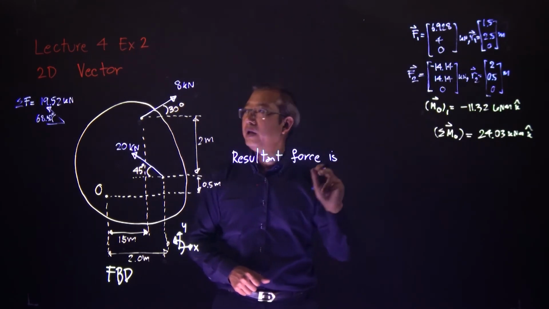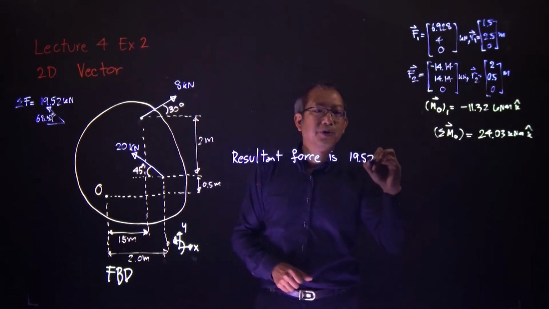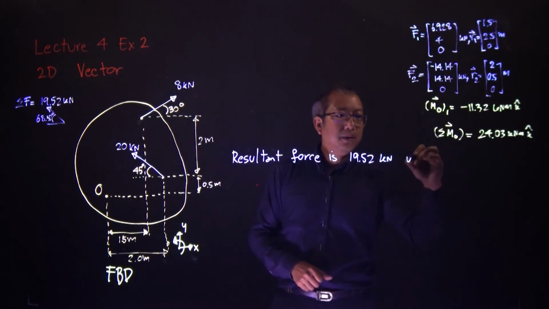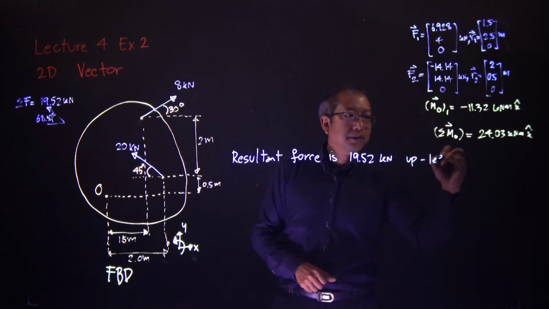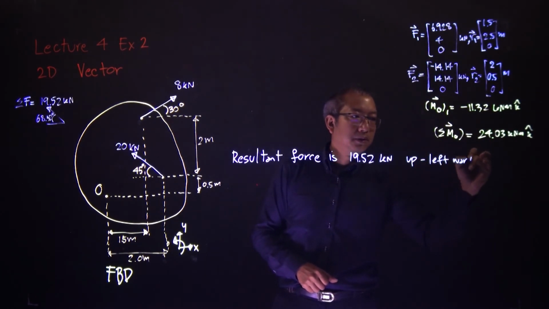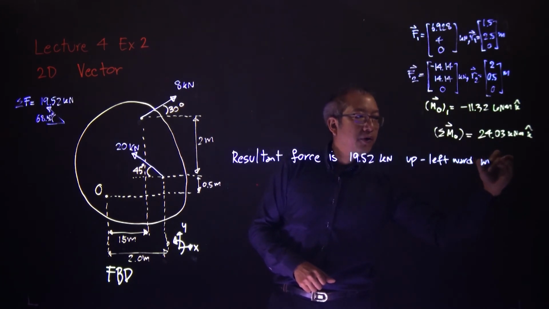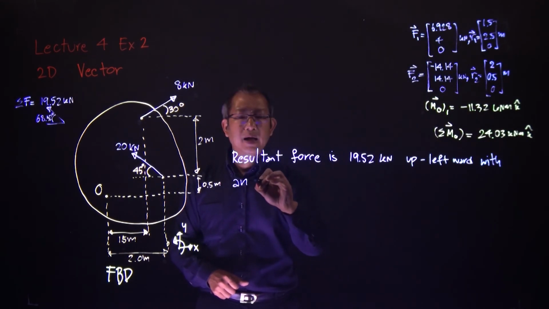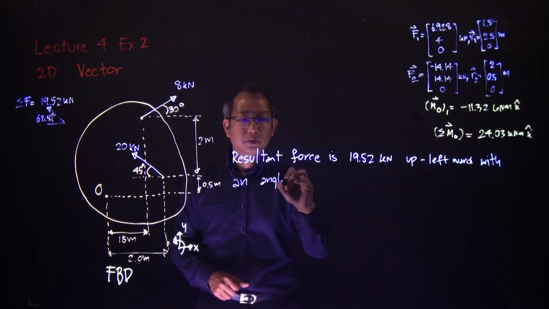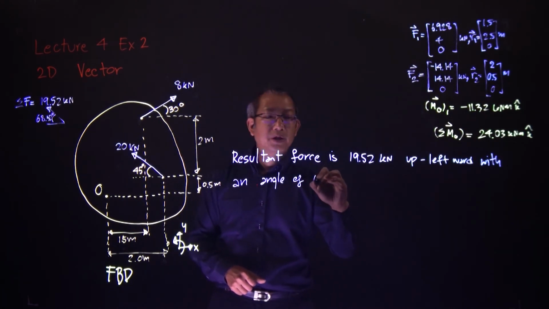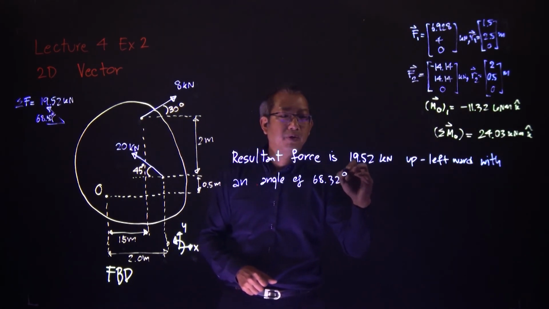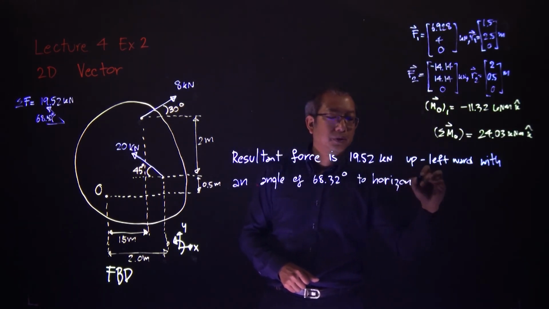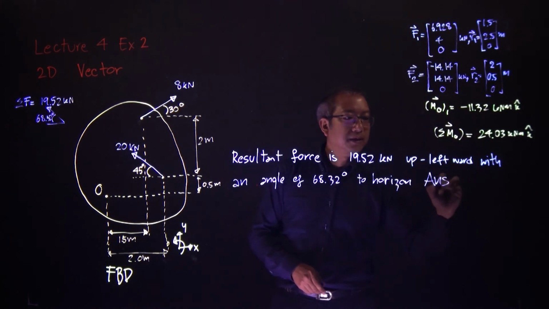The resultant force is 19.52 kilonewton up and leftward, with of course we need to specify the angle, with an angle of 68.32 degrees to horizontal. Right, that is our first answer.